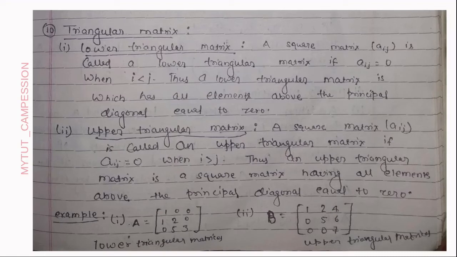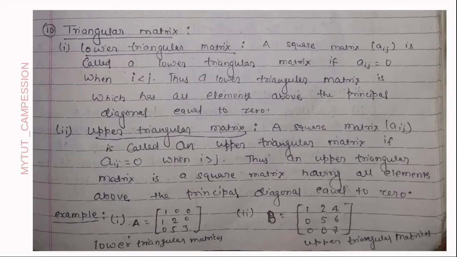Thus a lower triangular matrix has all elements above the principal diagonal equal to 0.